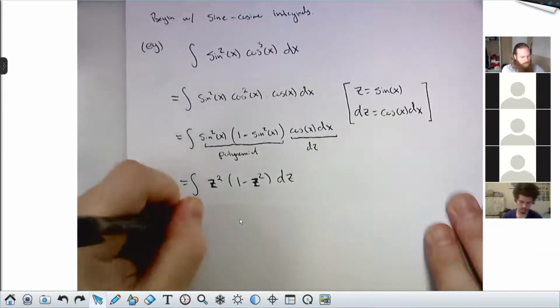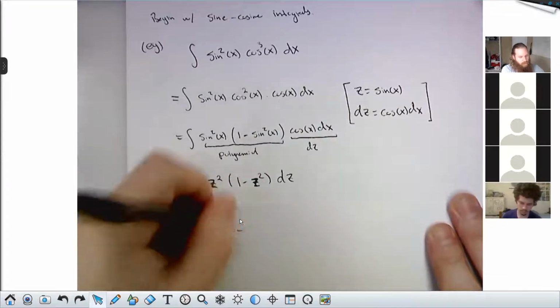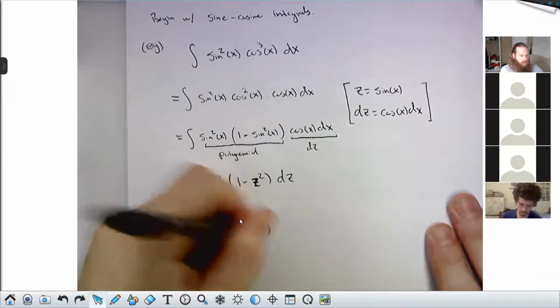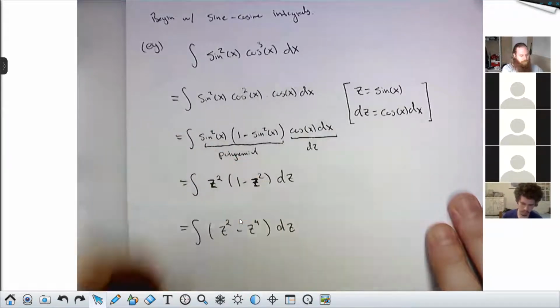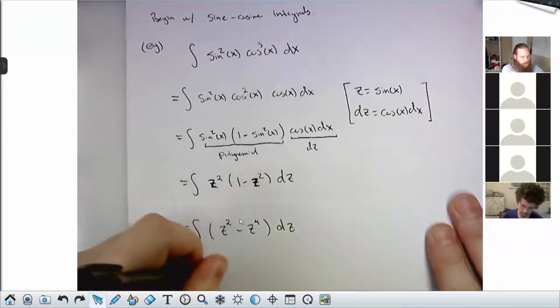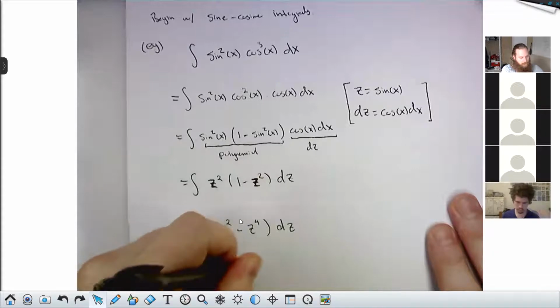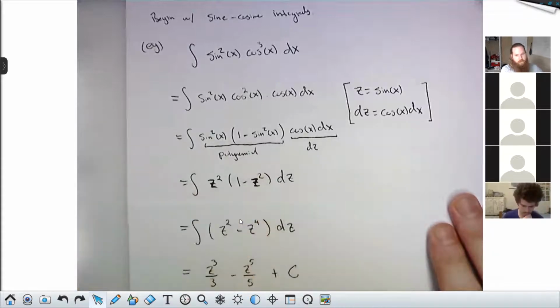If I distribute that z squared, I'll get the integral of z squared minus z to the 4 dz, whose antiderivative is z cubed over 3 minus z to the 5 over 5 plus a constant.